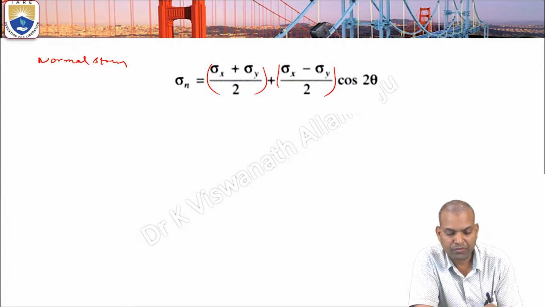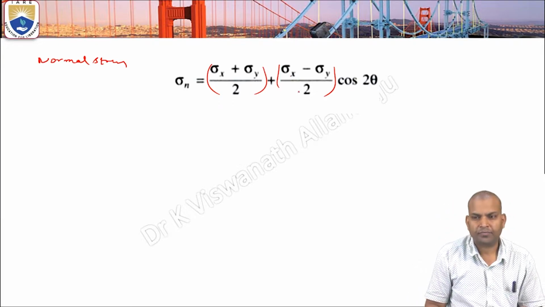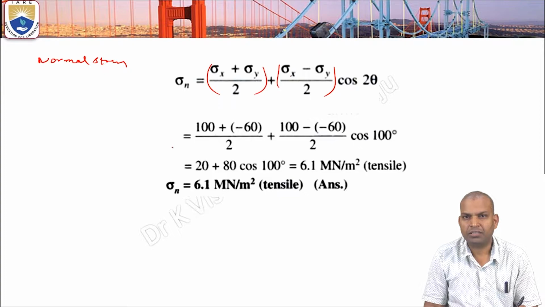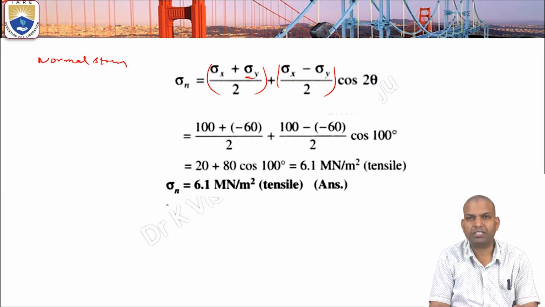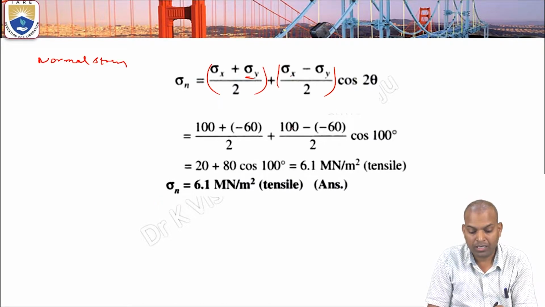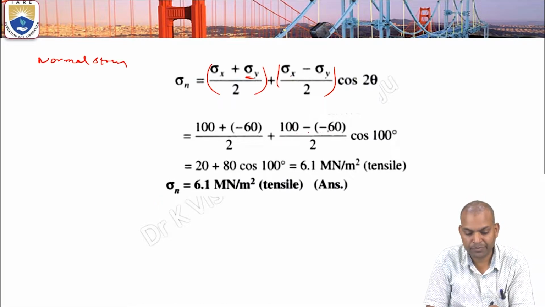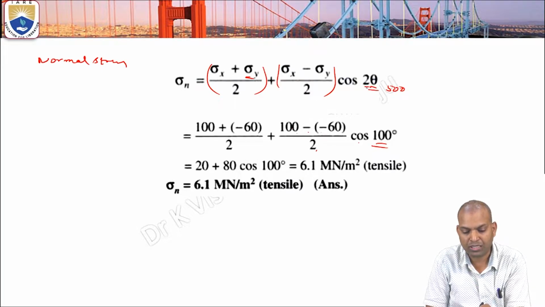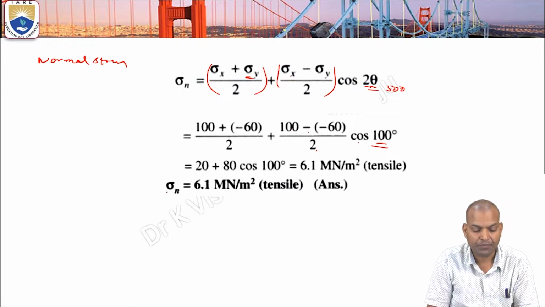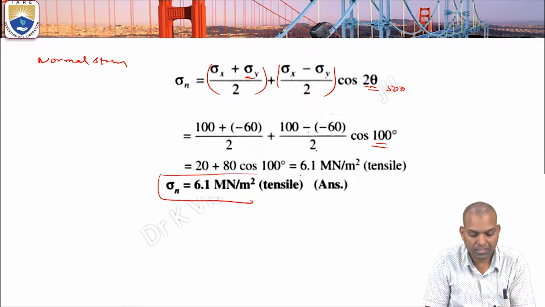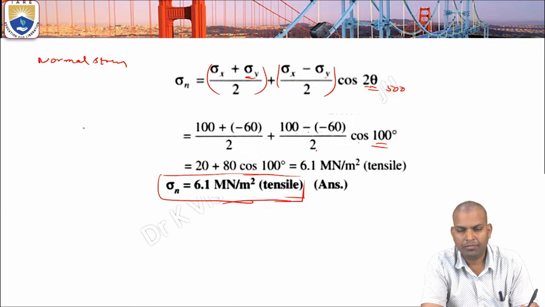So it is 100 minus 60 by 2 plus 100 minus of minus 60, that is 100 plus 60 by 2, cos 2 theta, that is 2 times 50, which is 100 degrees. The value calculated is positive, 6.1 meganewton per square meter, that is megapascals.